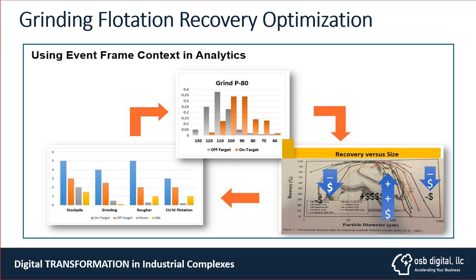If you grind too coarse, the liberation is not correct, and you are going to end up with a lot of metal going down to the tails. So it's very important to manage the size distribution and make sure that it has the right target for the flotation to maximize the recovery. And we are going to be looking at how we can do that today with the new sensors and the new soft sensors that can be calculated with the operational data and using online models.